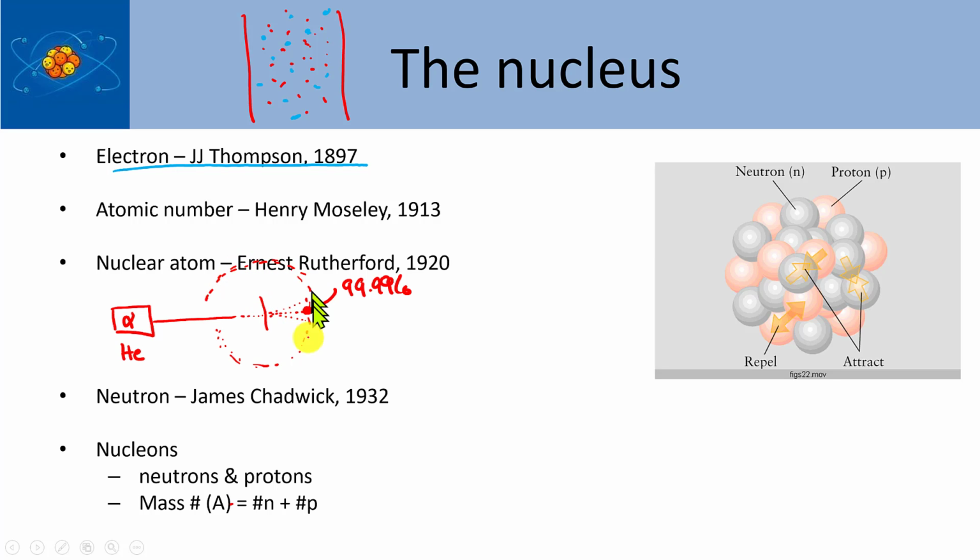So most of them went straight through and landed right opposite the alpha source, but a few of them were deflected, and a few were deflected almost in the backwards direction. The only way they could surmise that was that whatever it hit had to have a lot more mass than an alpha particle.